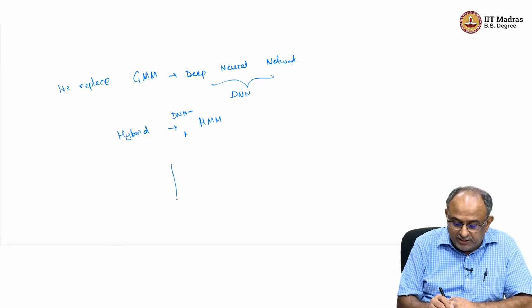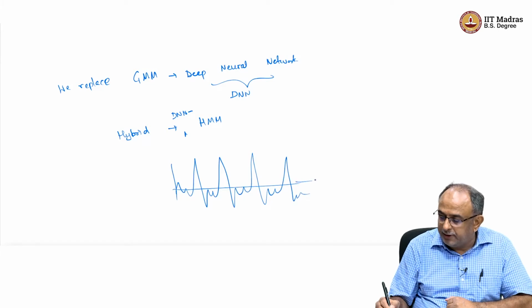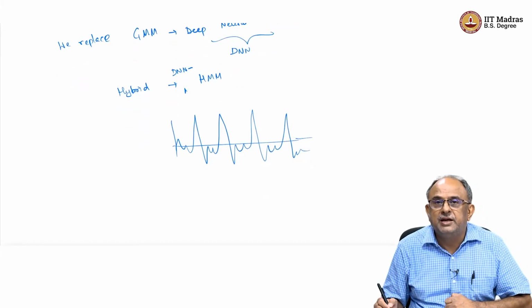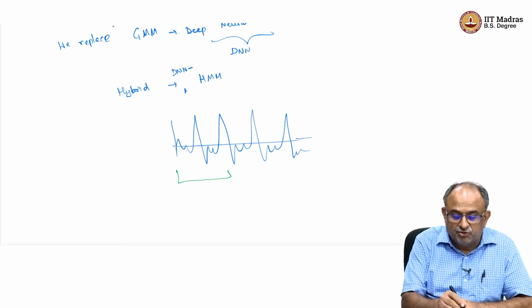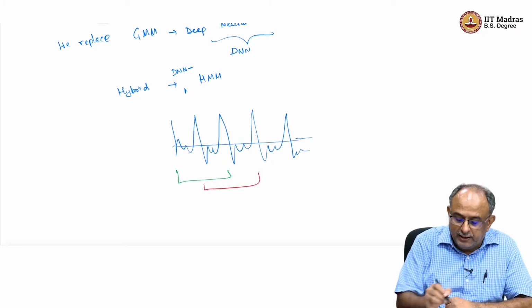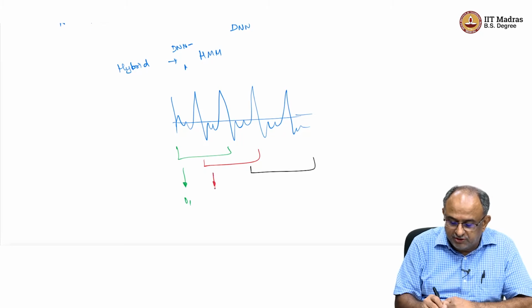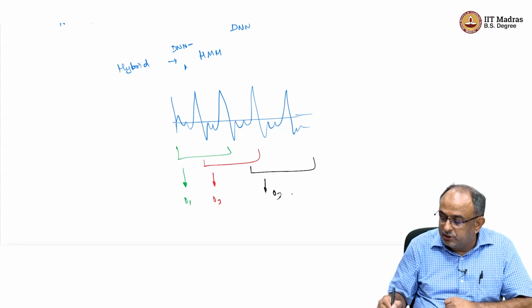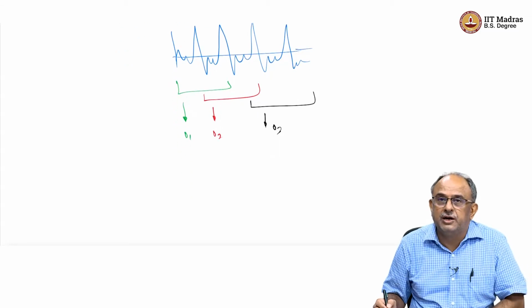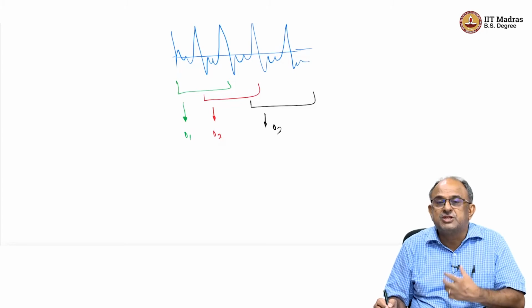So what we do is we take the waveform as usual, do the windowing as usual, and extract the features that you are interested in. So this is, let us say, O1, O2, O3 and so on, your mel filter bank features. What we want to do is use the deep neural network to take these features and estimate the probability of which sound was produced.